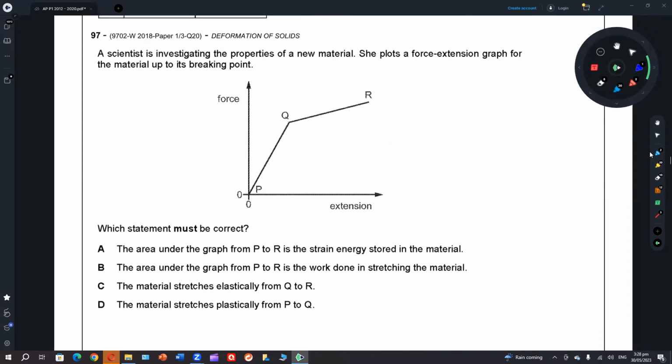A scientist is investigating the properties of a new material. She plots a force extension graph for the material up to its breaking point.